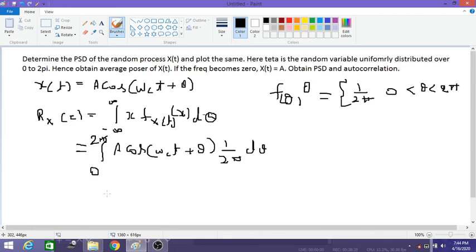So when we substitute these limits, ultimately we will get this term as a square by 2 into cos omega c tau. Omega c tau is a constant which is multiplied by a square by 2. You can refer to the previous tutorial, in which we solved this example of finding the autocorrelation function of this x of t.